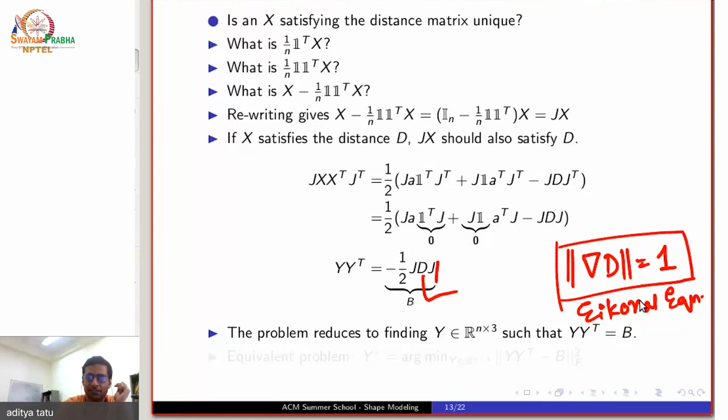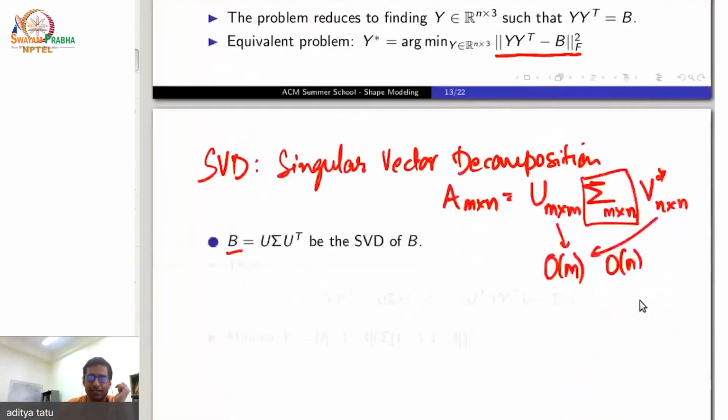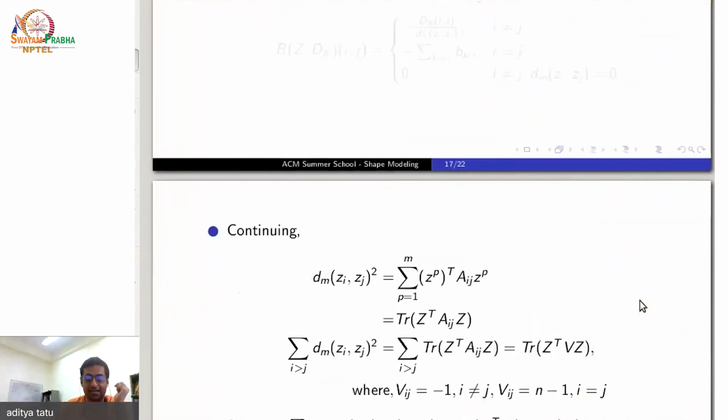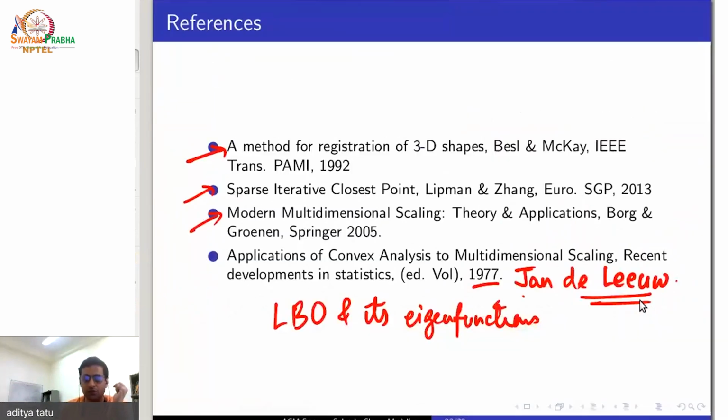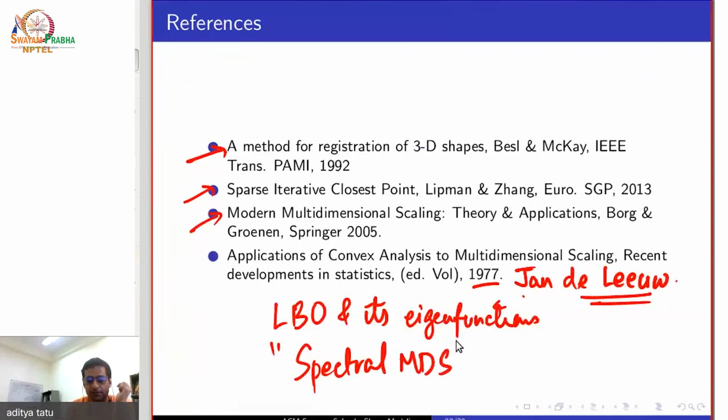Okay, that particular way of doing MDS is aptly called, I'll just write it down for you to search on Google later on, spectral MDS. Yeah, there are several other things that one could talk about.